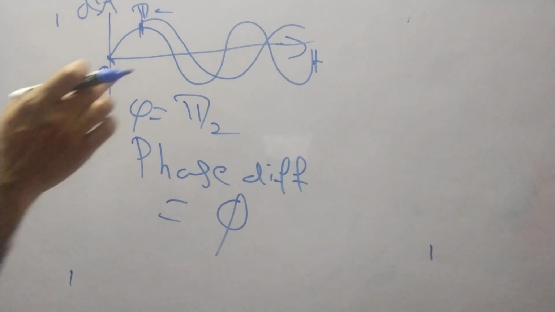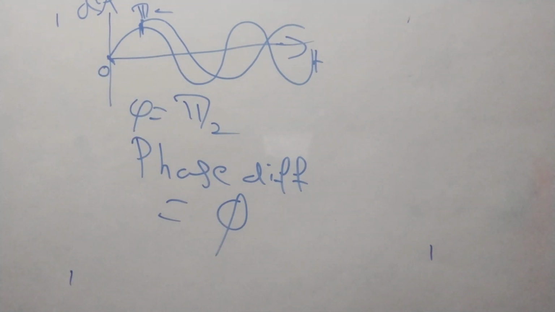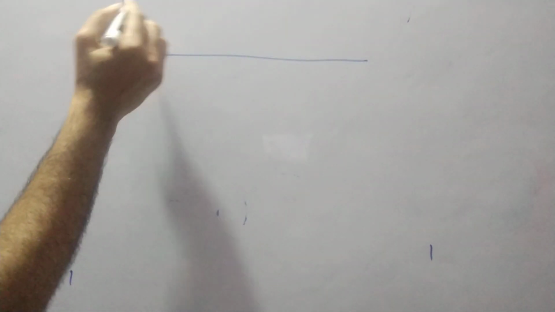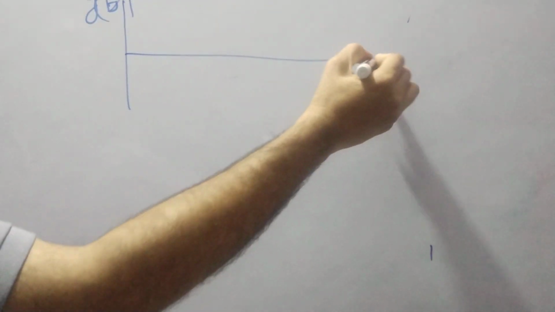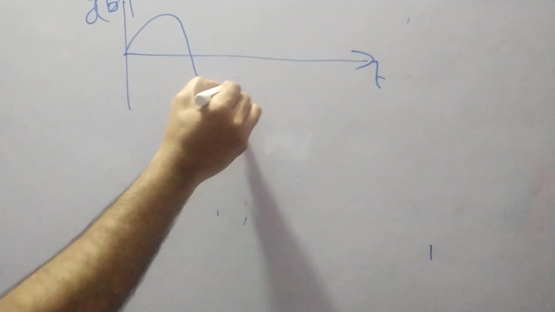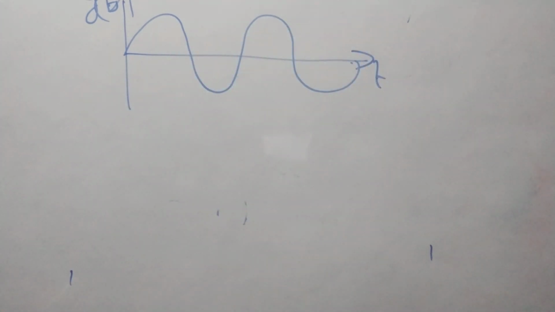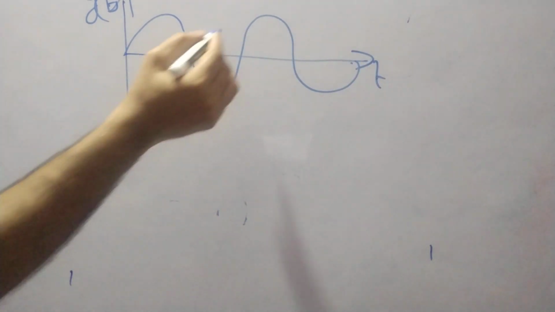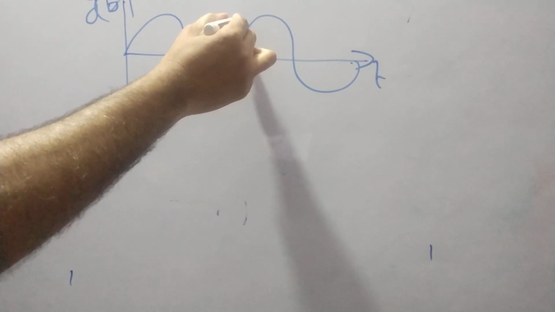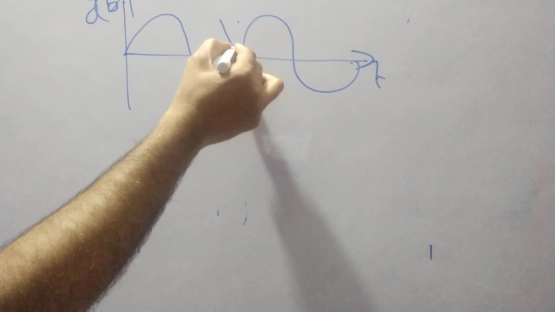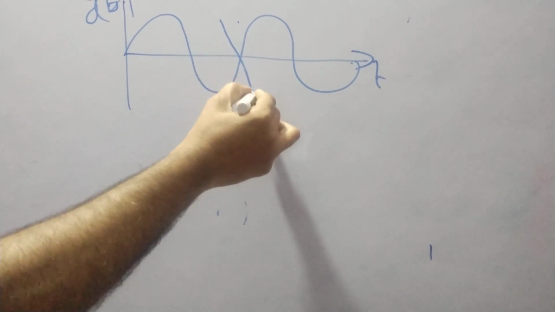Suppose the curve is starting like this. I am taking two curves. This is y of t, this is t. This is one curve. And suppose your second curve is starting at this point, so your curve will be like this.